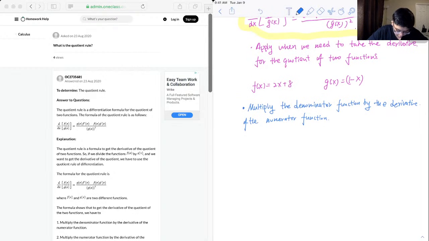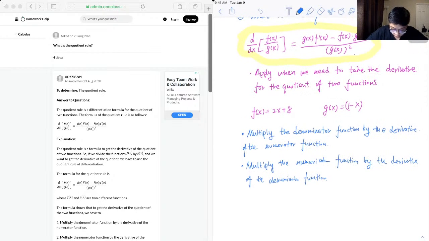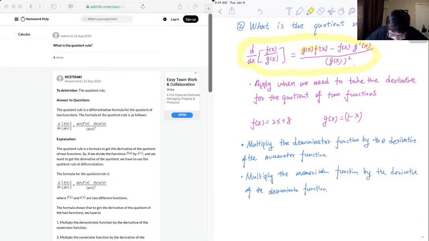And then we need to multiply the numerator function by the derivative of the denominator function, which corresponds to g(x) times the derivative of f(x), and f(x) times the derivative of g(x) we had earlier.